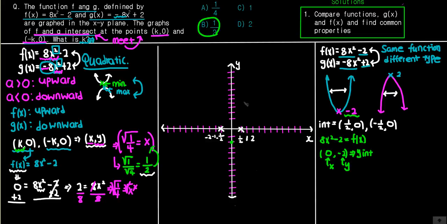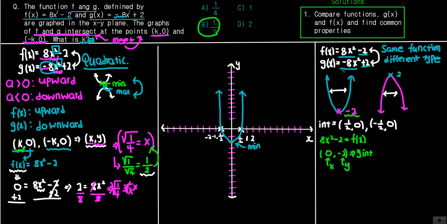So we can basically graph what the graph of f of x looks like. The f of x graph will look something like this, and it keeps going up. It only contains the minimum point because the leading coefficient is positive.